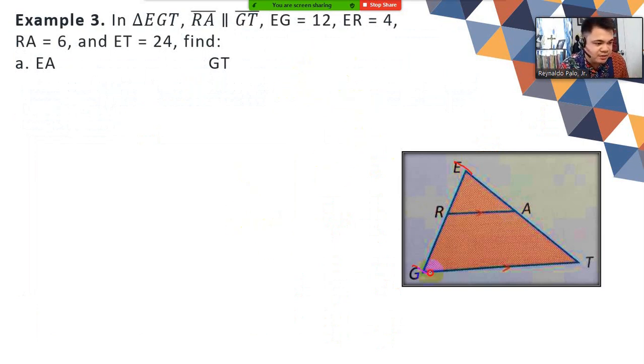EG measures 12, segment ER measures 4, segment RA measures 6, and segment ET measures 24. The question is, we have to solve for the measurement of segment EA.